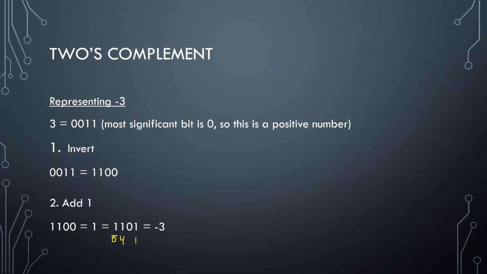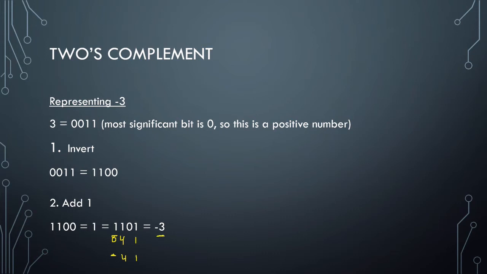If we thought it was just regular signed binary, we would think that this was a negative, because we do have our most significant bit is a 1, but then we would still have a 4 and a 1, which would be 5, which is also incorrect. So for 2's complement, we have to know what we're working with in order to know what the actual true number is.